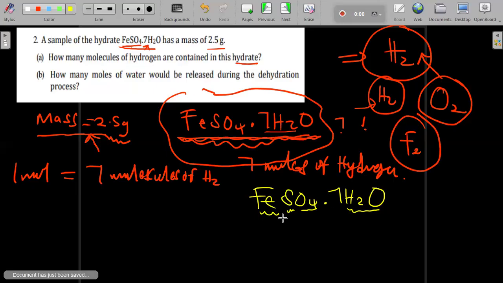So we are going to add the molar mass of iron. What is the molar mass of iron? Let me check the periodic table here. I don't have it on the screen there, so you also check your periodic table. The molar mass of iron is 55.85.